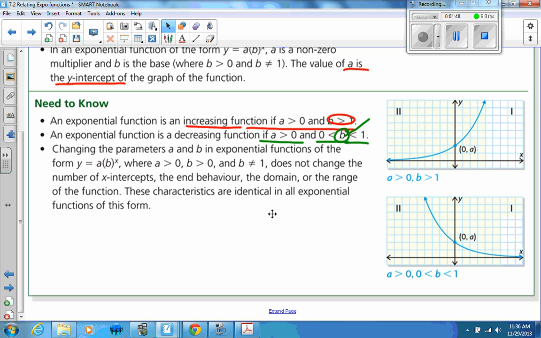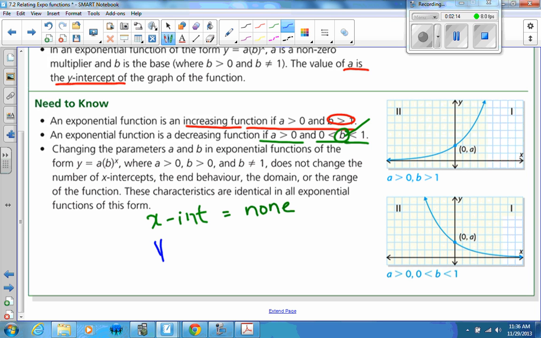Changing the parameters a and b in exponential functions of the form y = a(b^x) does not change the number of x-intercepts, the end behavior, the domain, or the range of the functions. These characteristics are identical for each of them. So let's review from last video. How many x-intercepts does an exponential function have? It has none, because it never actually touches the x-axis.